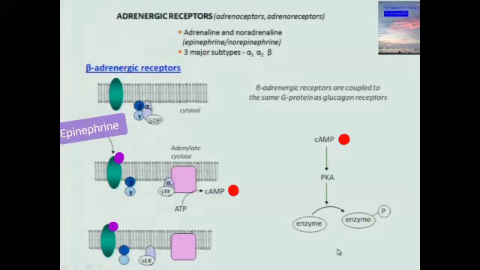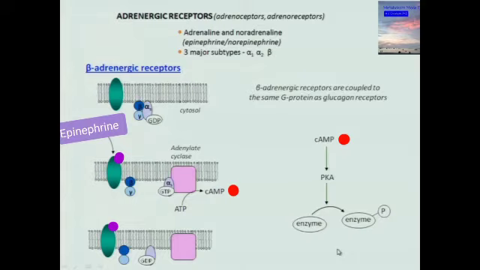When this happens, the alpha subunit dissociates from the beta gamma. So you have the alpha subunit with GTP bound to it. Now, this is the active form of that G protein, the alpha subunit with GTP bound to it.